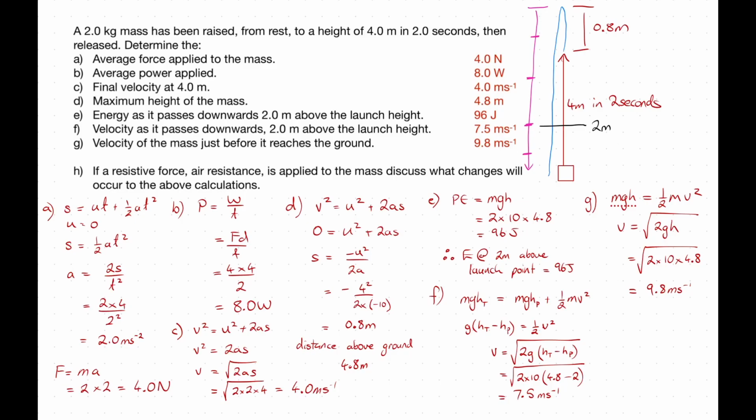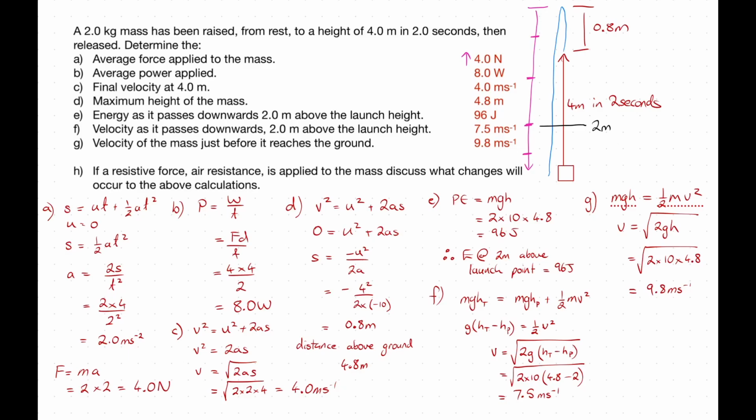Now for part H, this is rather interesting. We're thinking about how different components are going to be changed due to the resistance involved. So if wind resistance or some sort of drag is included, it's going to oppose both the upward motion and the downward fall as well. That means that to move 4 meters in 2 seconds, we would actually need to increase the amount of force provided.